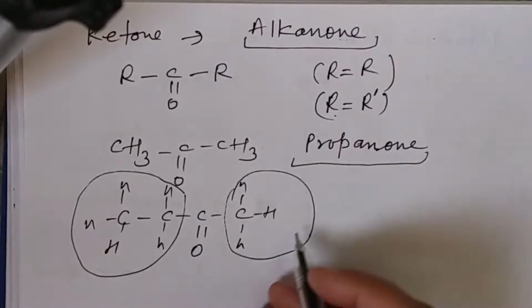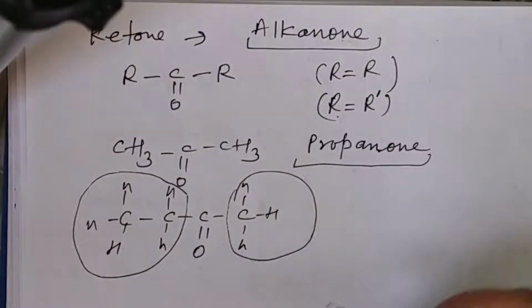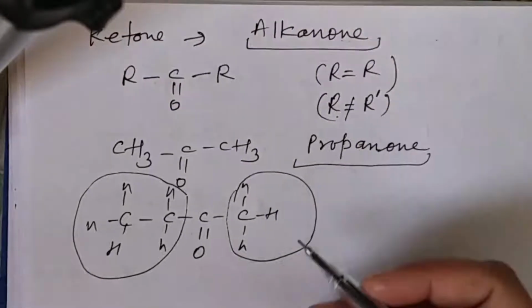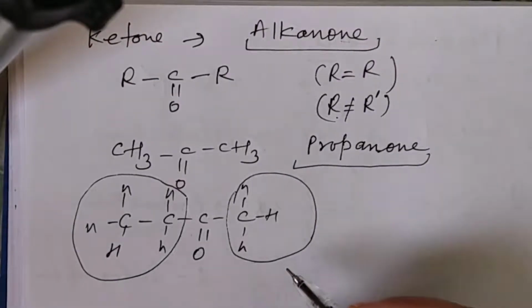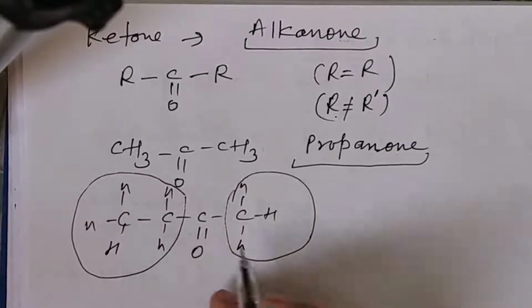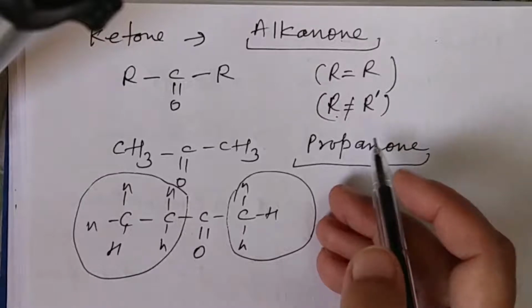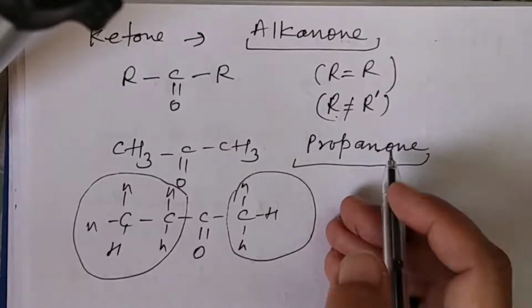So what we are discussing is the family of ketones, and the ketone family is named as alkanone. The two alkyl groups can be the same, or they can be different; both possibilities can occur.